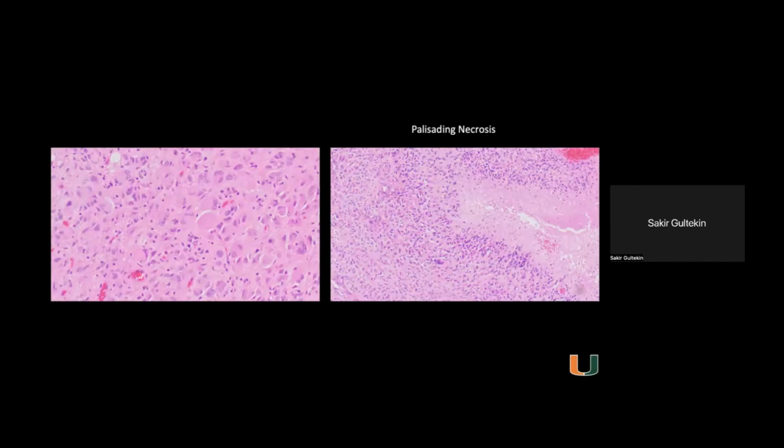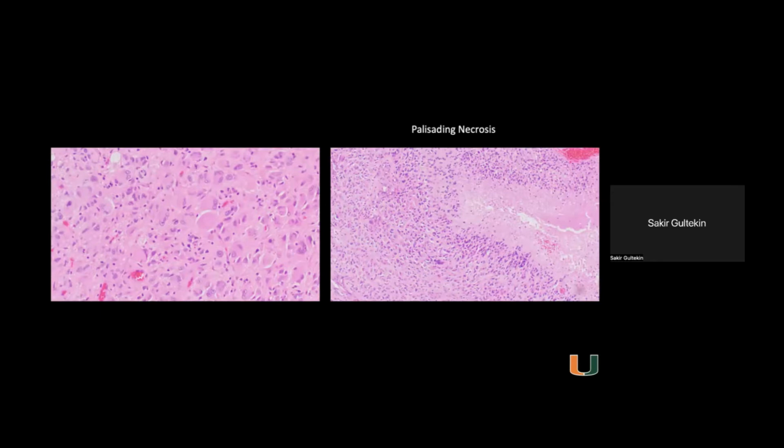It's called palisading necrosis. That means the center is necrotic on the right side, and it is surrounded by an intensified number of tumor cell nuclei. If you compare the perinecrotic tumor cell density, it is a little higher than the regular tumor cell density on the left. So that's called palisading necrosis.